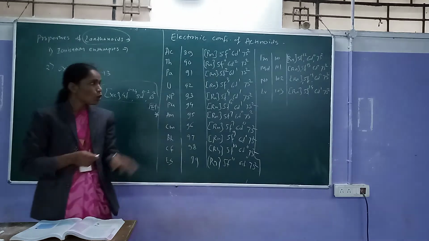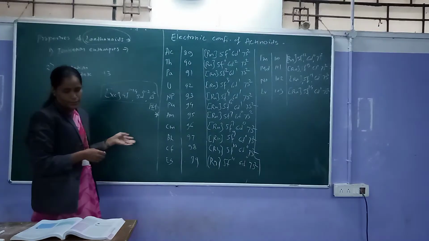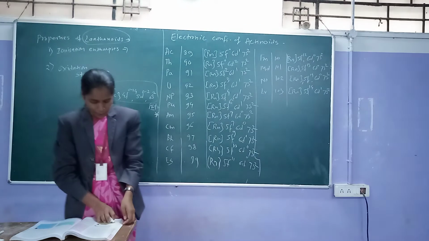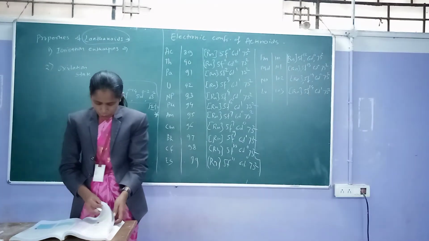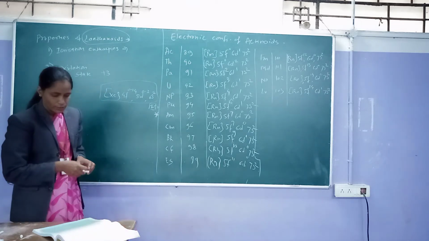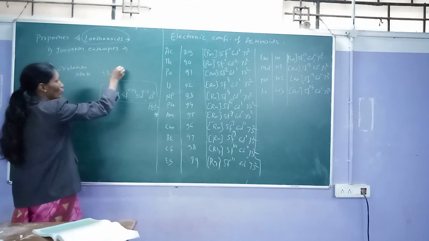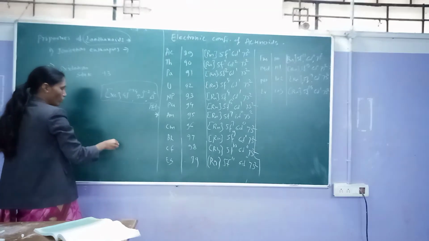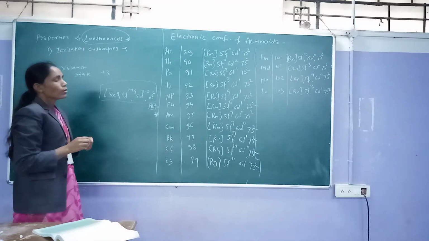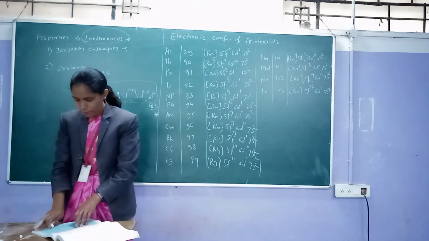So in all elements from lanthanum to lutetium, atomic number 57 to 71, which contain 4f1, 4f2, 4f3 continuing to 4f14, the common oxidation state is +3.